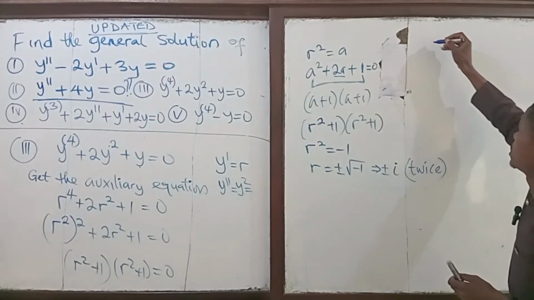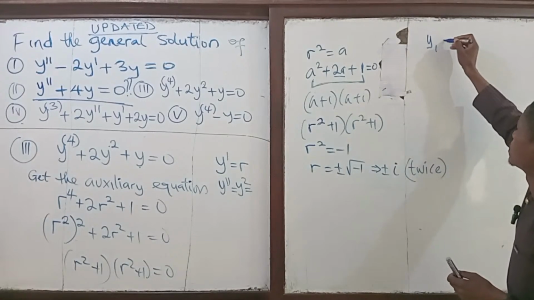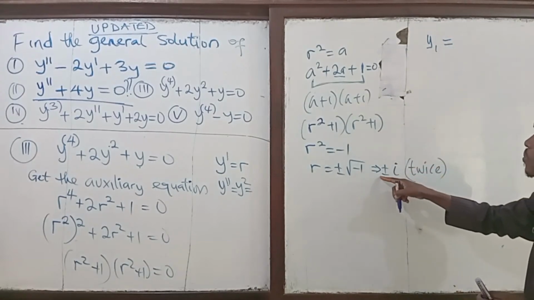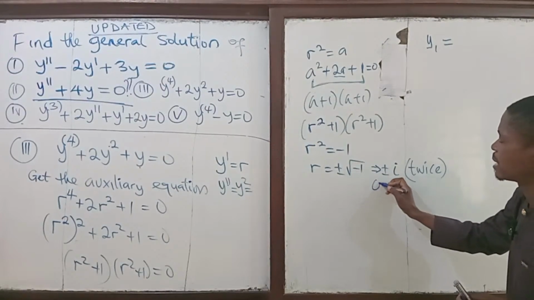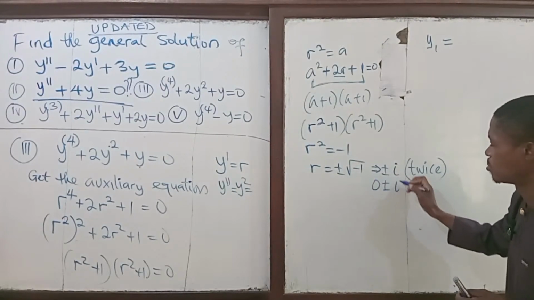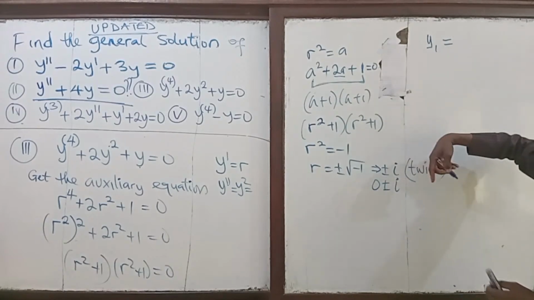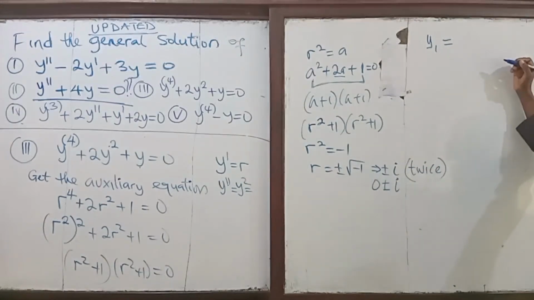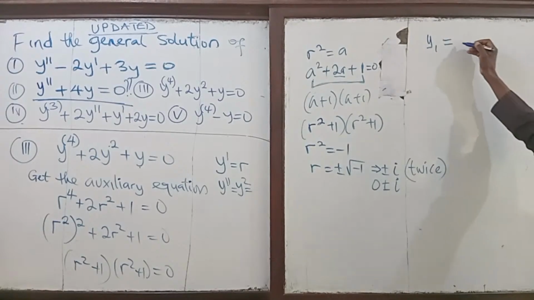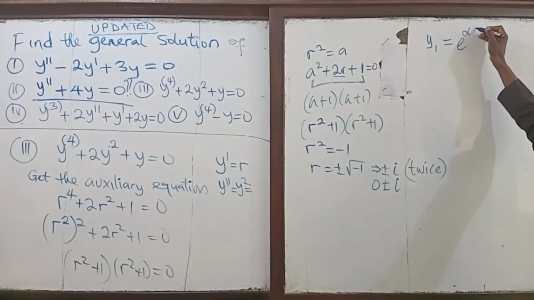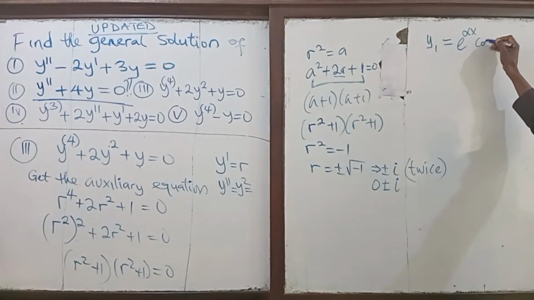That means y1 is equal to, we don't have the real part. The real part is 0. So when you have a complex function, it's going to give you e to the power alpha x times cos beta x.